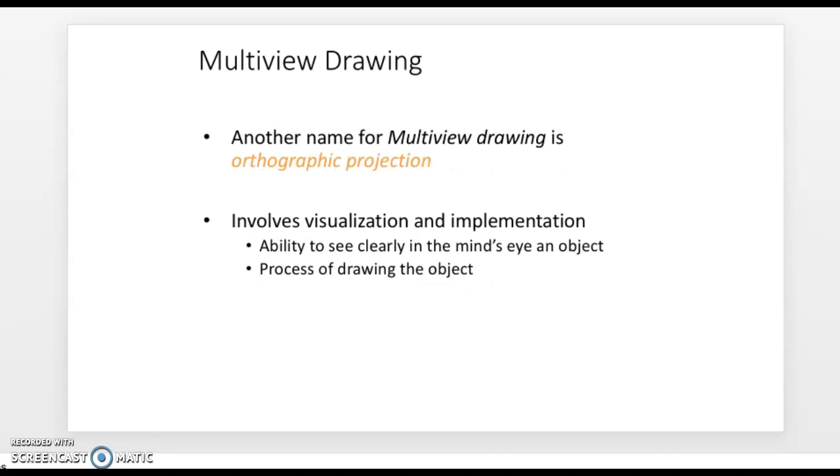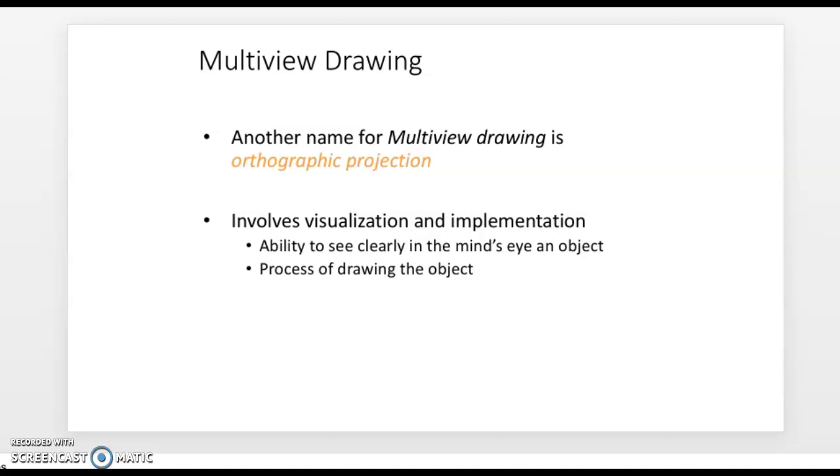Multi-view drawings, as we mentioned before, are also called orthographic projections. That's the technical term. We ask students to take a 3D object, visualize it in their mind, and hold that object. We need to be able to visualize what that object looks like in the different sides.